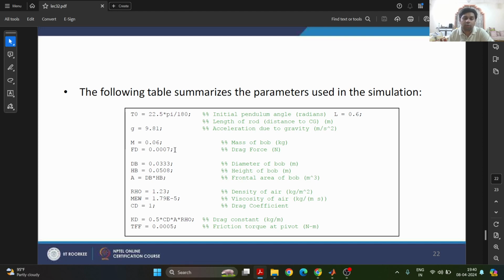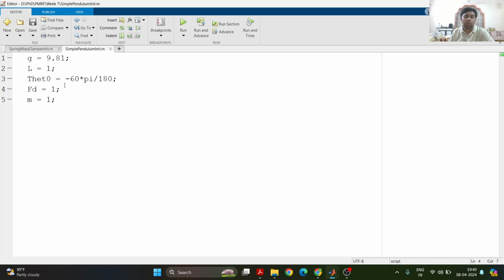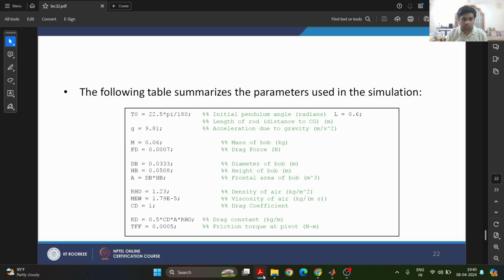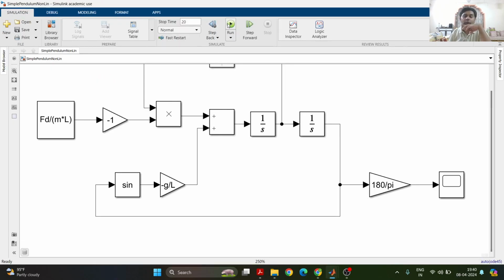Okay, we can try that. So maybe we had not considered the right combination of parameters here.